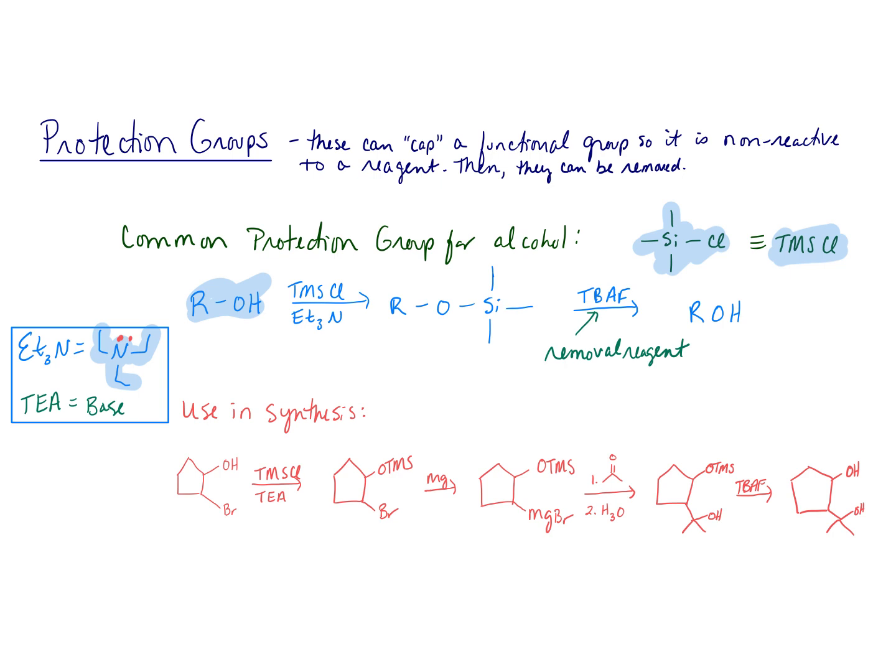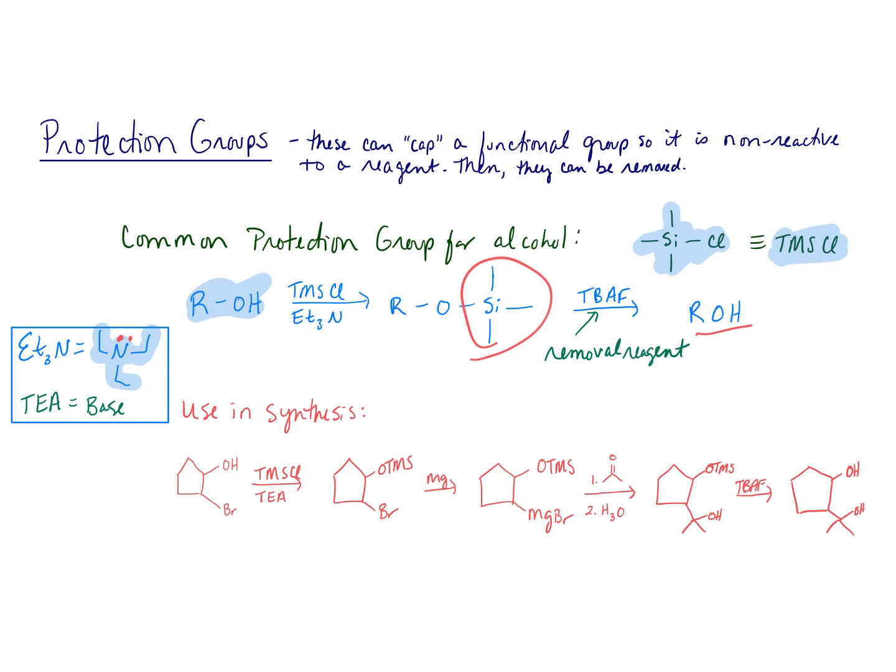Anyway, what that does is replace the hydrogen with this group right here. Then you can remove that with TBAF, which is tetrabutylammonium fluoride, if I remember correctly, and regain your alcohol in that case.